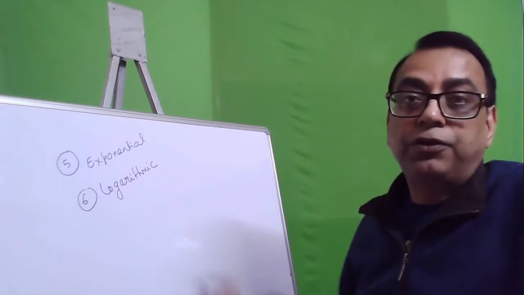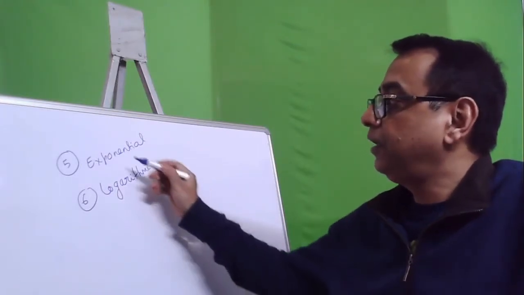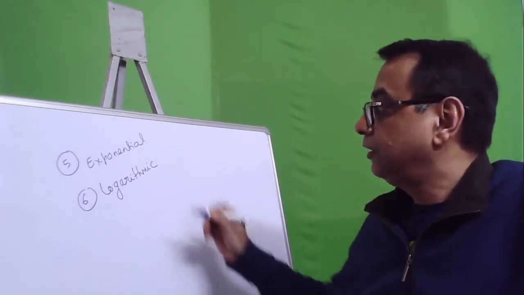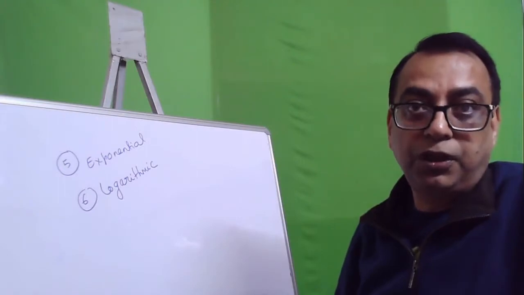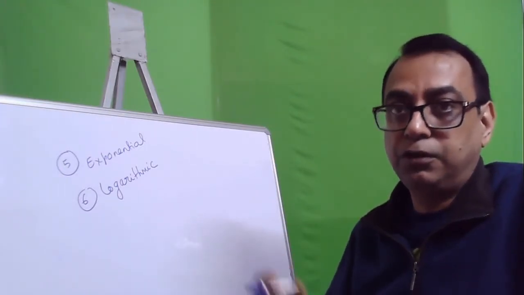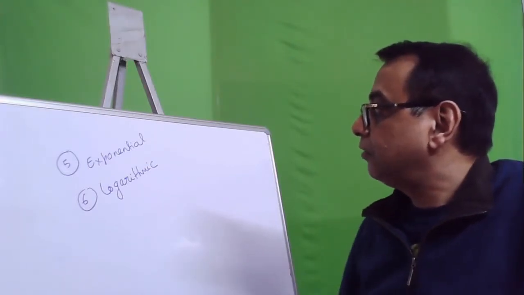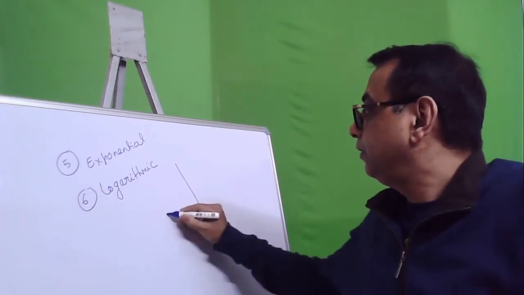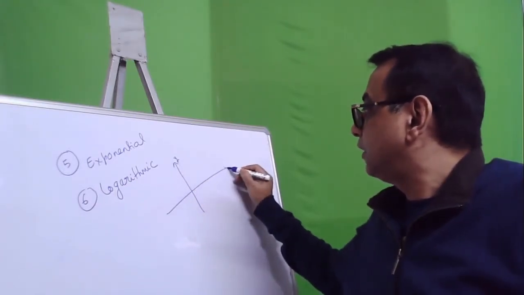Another kind of function is called the log function or logarithmic function. It basically comes from the exponential function, and logarithm is the inverse function of exponential. We will discuss later what an inverse function is. So this logarithmic function will be like this. This is the y-axis, this is the x-axis.